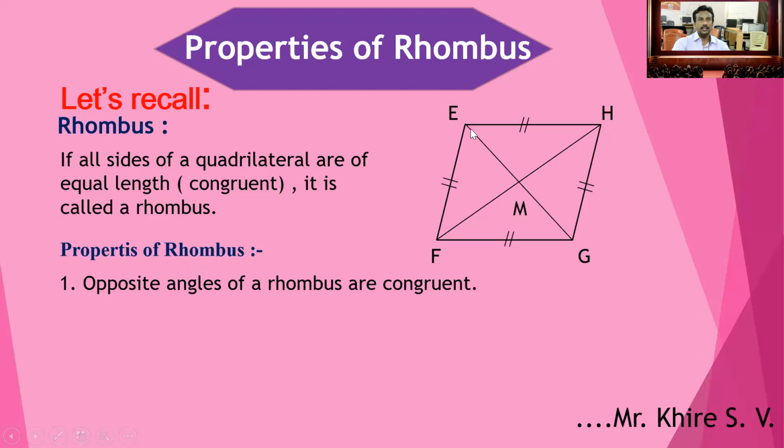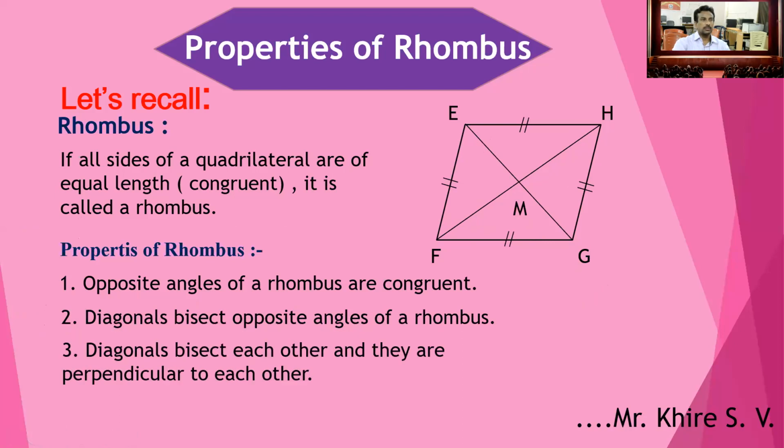Means angle E is congruent to angle G, and similarly angle F is congruent to angle H. Second property: diagonals bisect the angles of a rhombus. These diagonals bisect opposite angles, which means they divide an angle into equal parts.